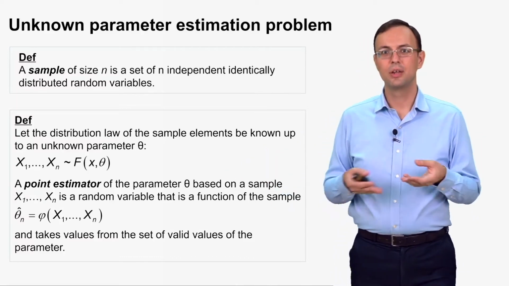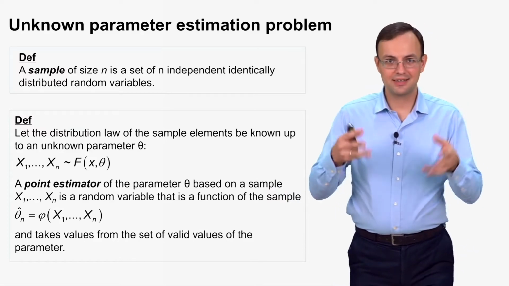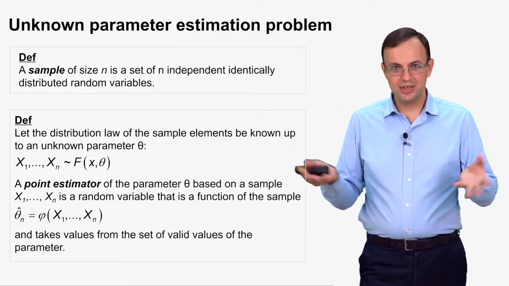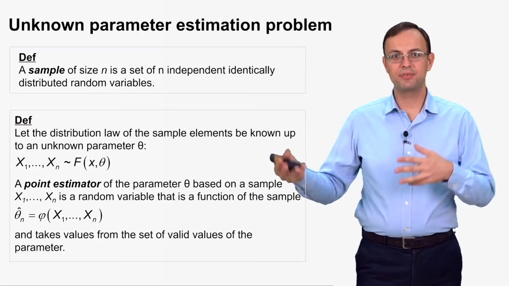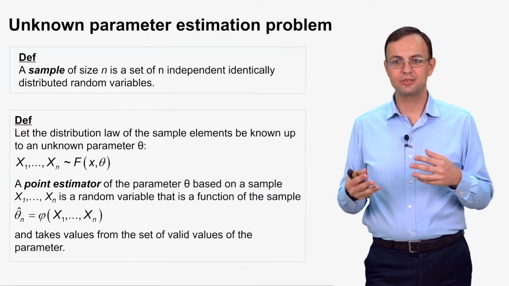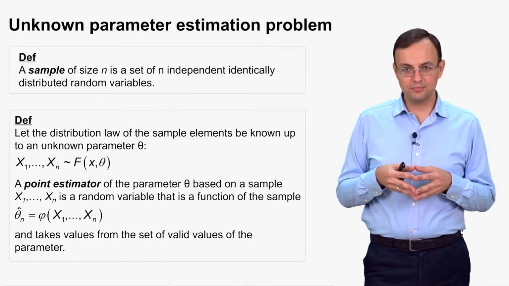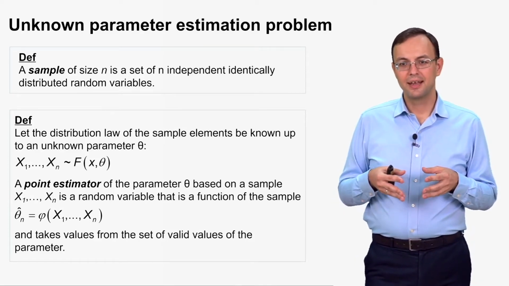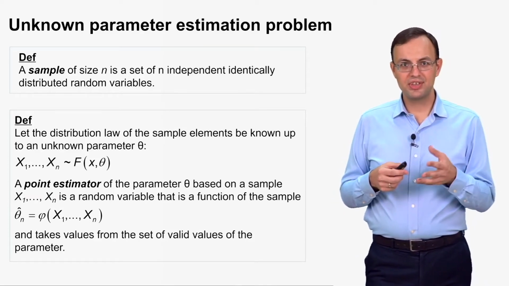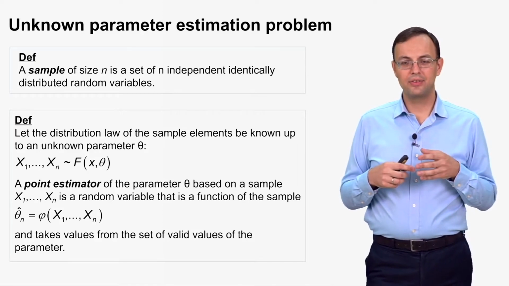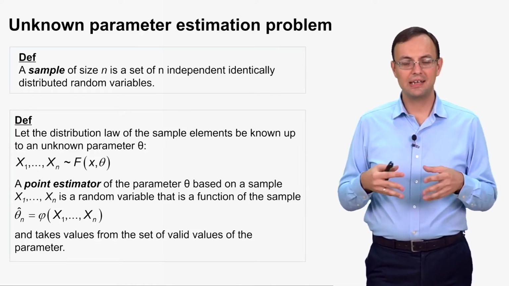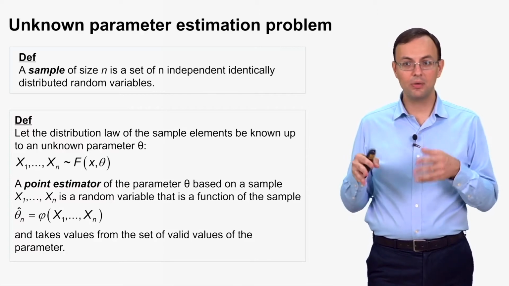So to let us know the size of the sample, how many observations we consider to estimate this parameter. And you can see that the estimator theta hat is a function of the sample.